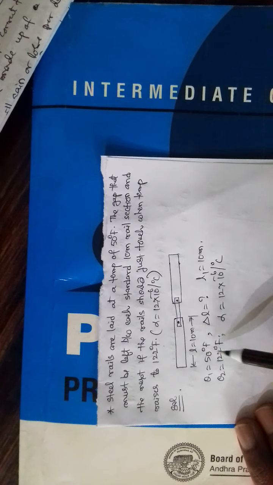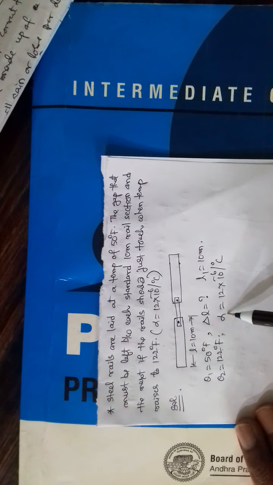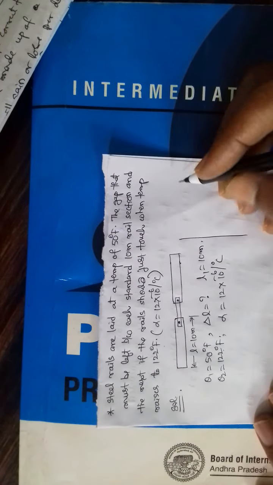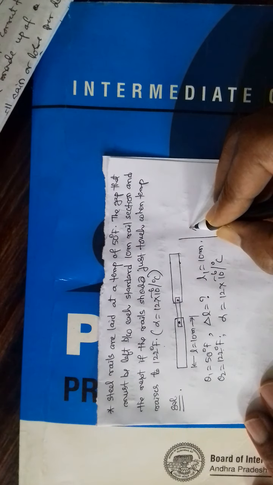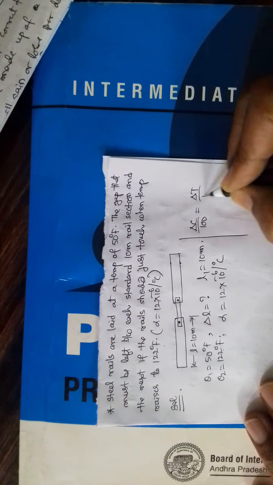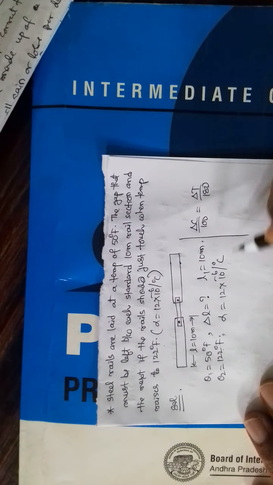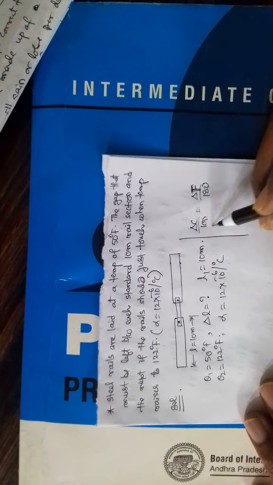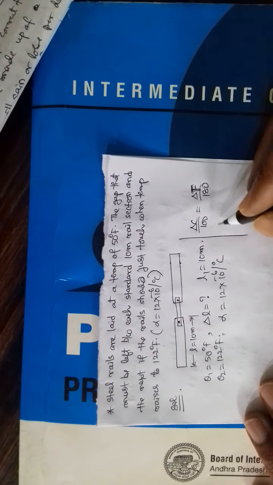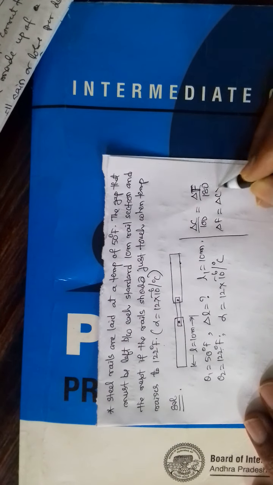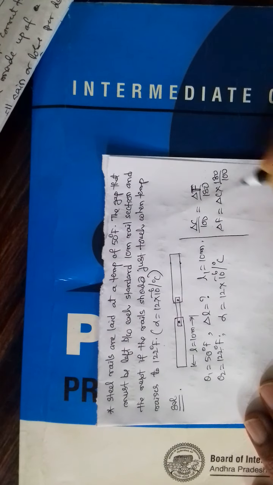Here temperature is given in Fahrenheit, but the alpha value is given per degree centigrade. But we know, we already did problems previously: delta C by 100 is equal to delta F by 180. And here we want it in delta F, a difference in temperature, for that this is the relation. Delta F is equal to delta C into 180 by 100.